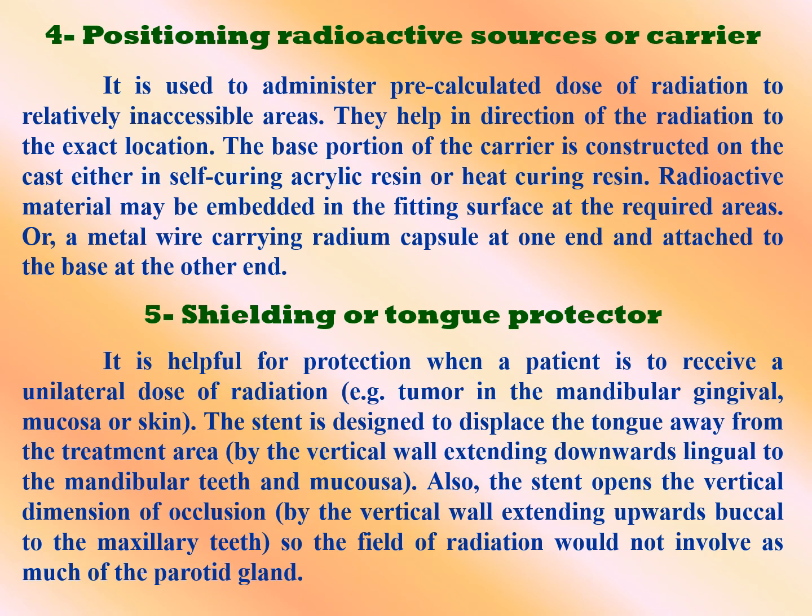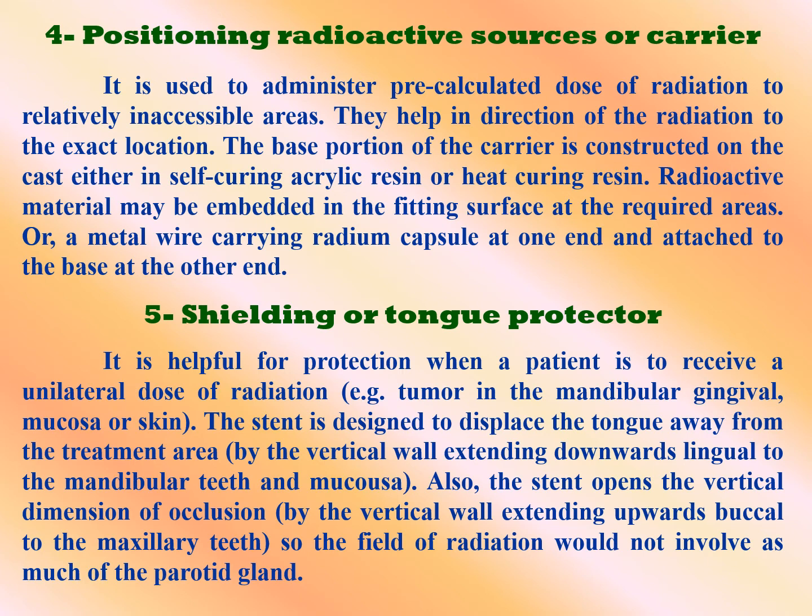Now, shielding or tongue protector. This type of stent is helpful for protection when a patient is to receive a unilateral dose of radiation, for example, tumor in the mandibular gingiva, mucosa, or skin.